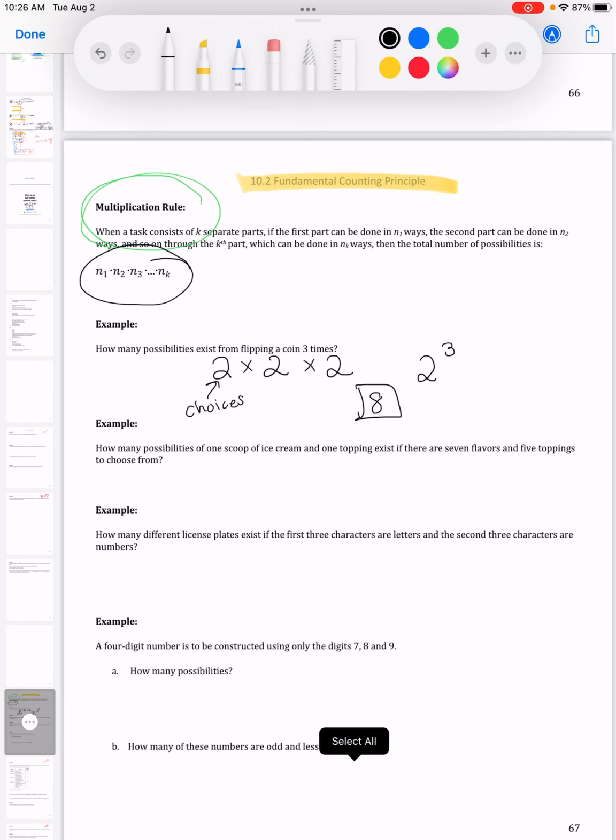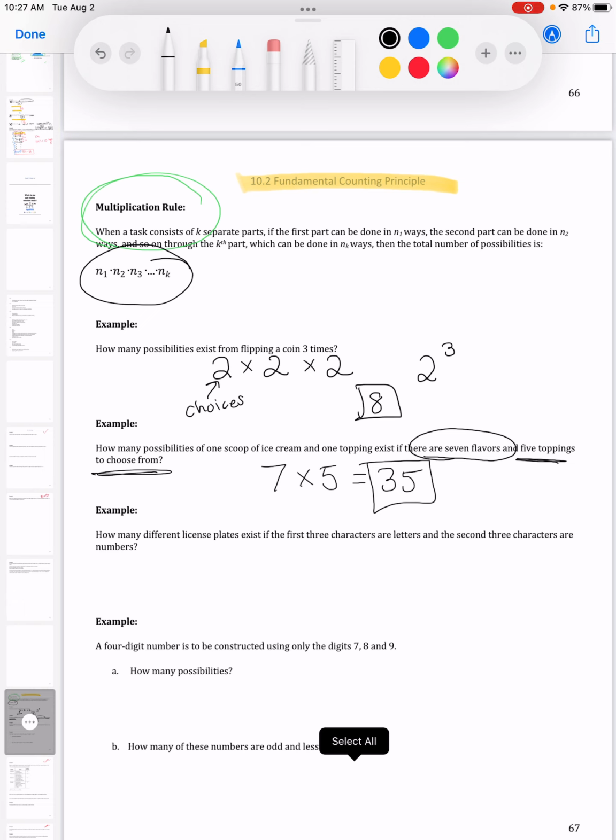Keeping with this same idea of multiplying together my choices, in the next example, I get to choose between 7 flavors of ice cream and 5 toppings. So I have 7 choices for my flavors, 5 choices for my toppings. I'm going to multiply those together and get 35 as my answer. As simple as that. You do want to make sure to include your work on these.